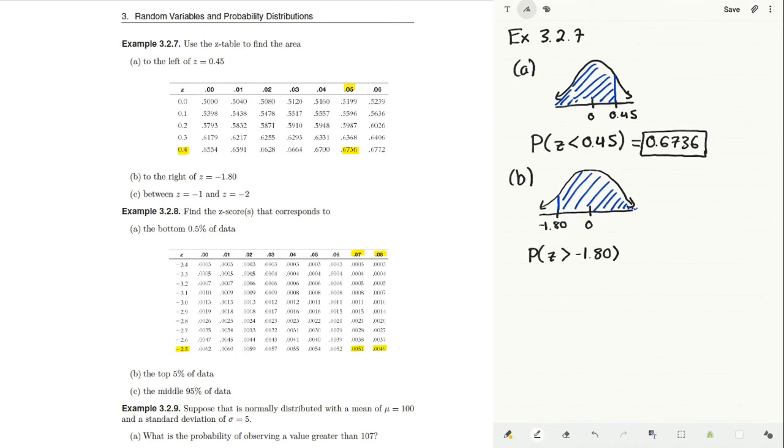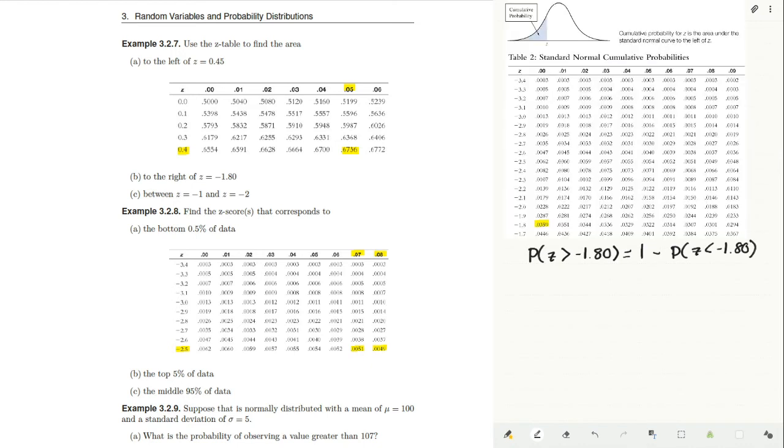Mathematically, we take 1 and subtract the area to the left of negative 1.80, so we can write this as 1 minus the area to the left of negative 1.80.